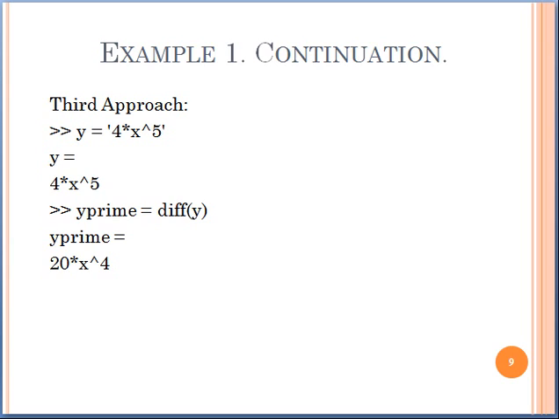Now the third approach can be, if you do not want to define the variable x in a separate command, then simply use the apostrophes while defining y. Then also you can get the output.